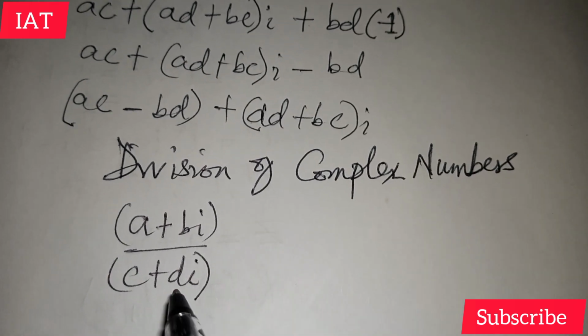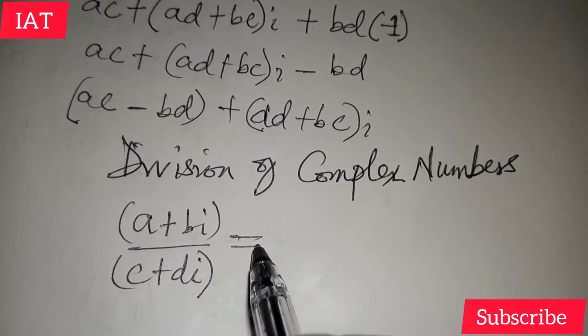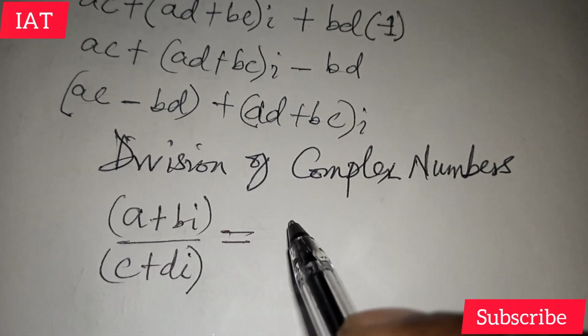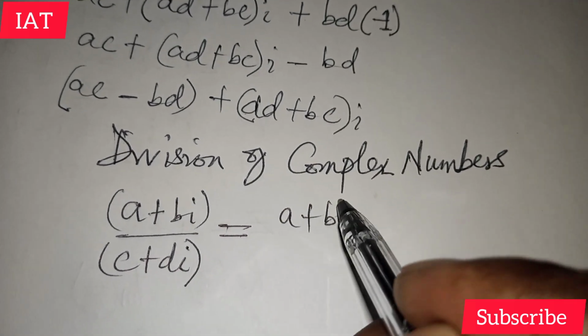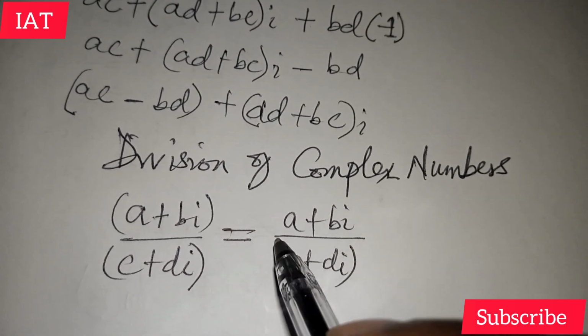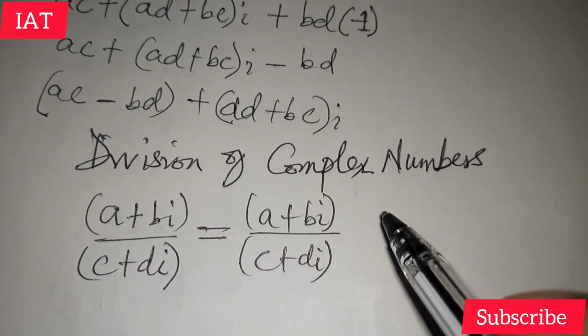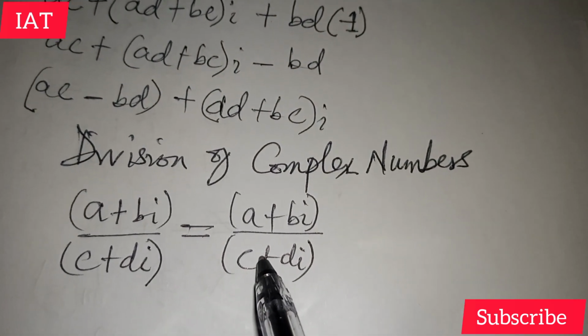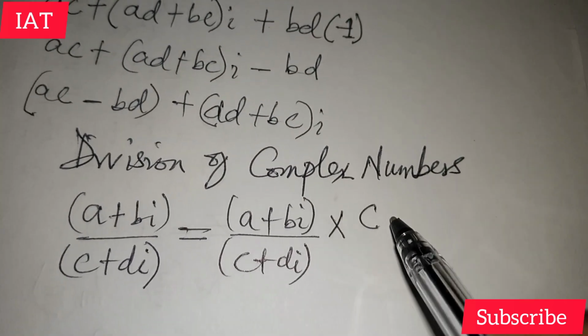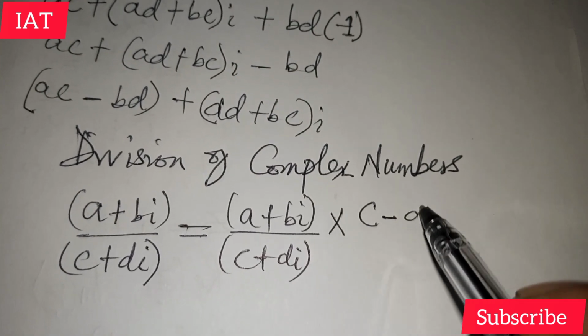So what happens? The first thing you want to do, after rewriting this expression a plus bi, is to make sure you use the conjugate of the denominator, which is this. And of course, the conjugate of the denominator is c minus di.